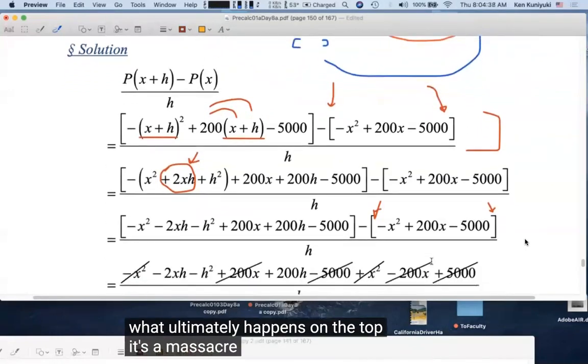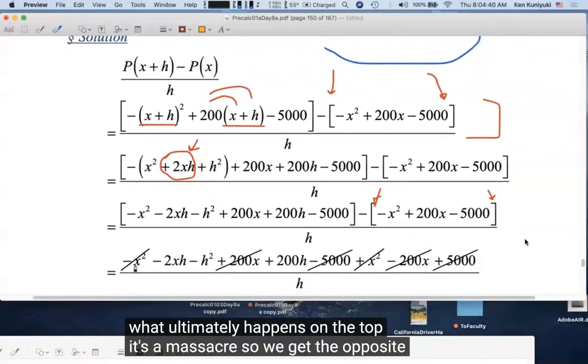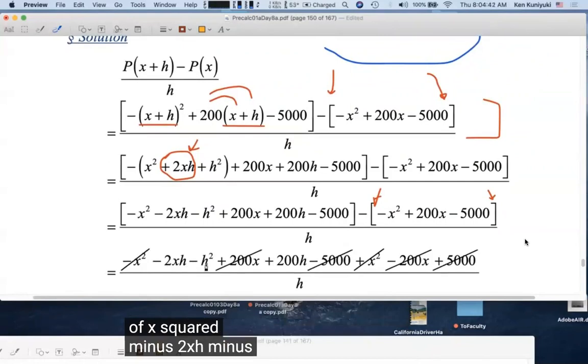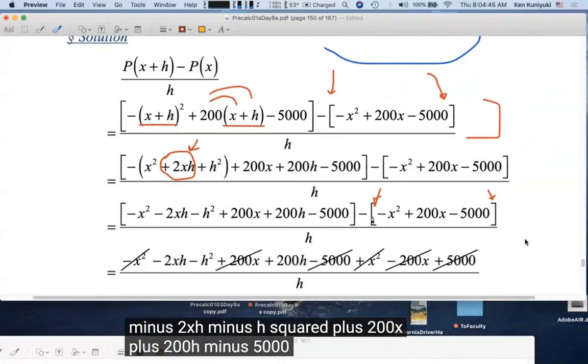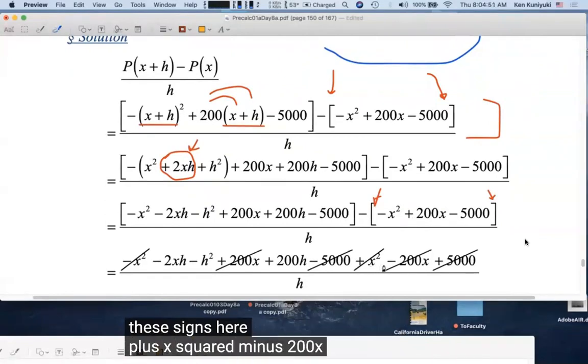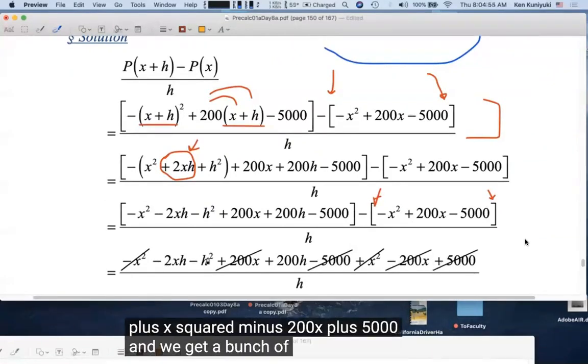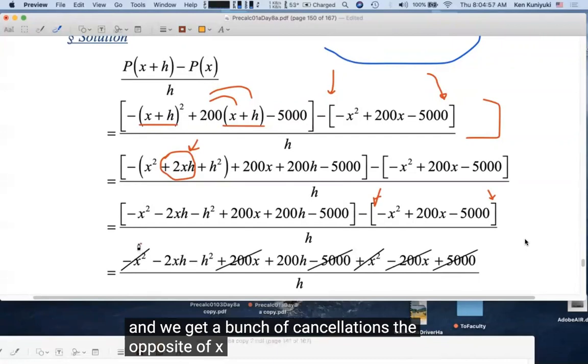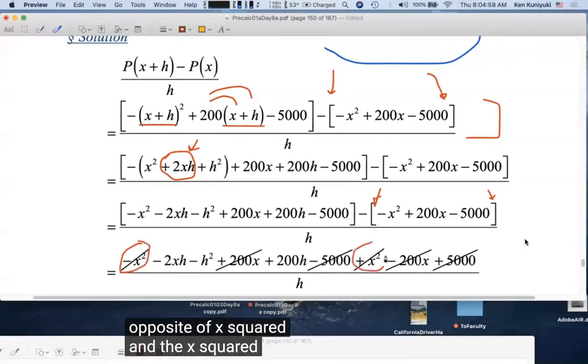It's a massacre. So we get the opposite of x squared minus 2xh minus h squared plus 200x plus 200h minus 5,000. Then we flip all these signs here. Plus x squared minus 200x plus 5,000. And we get a bunch of cancellations. The opposite of x squared and the x squared, they add up to 0.